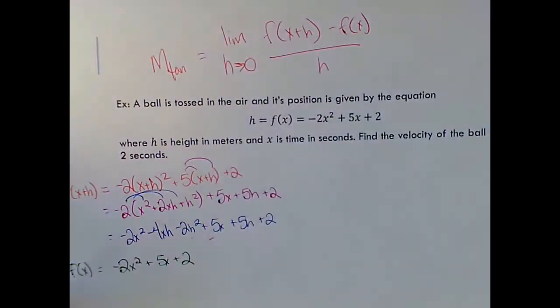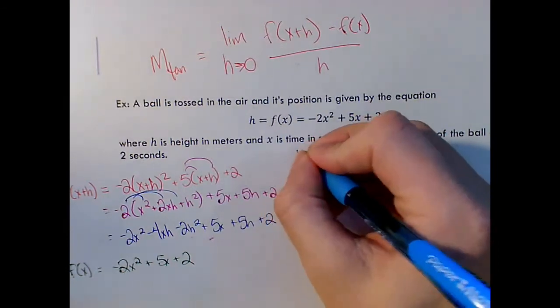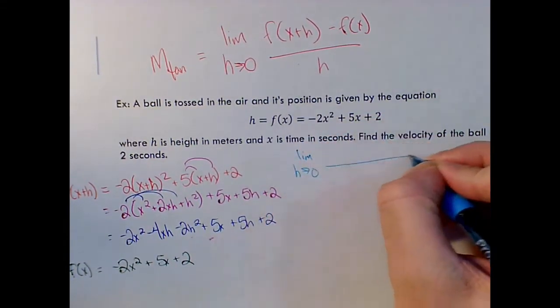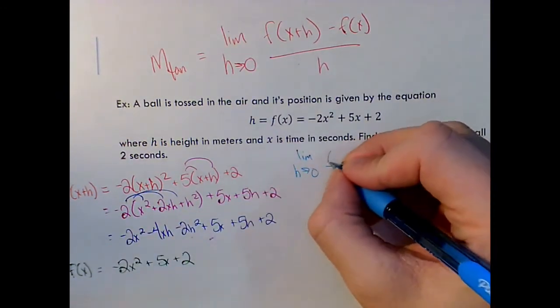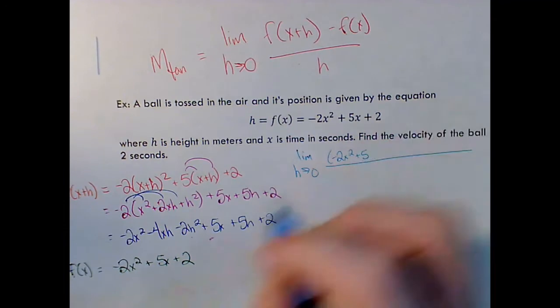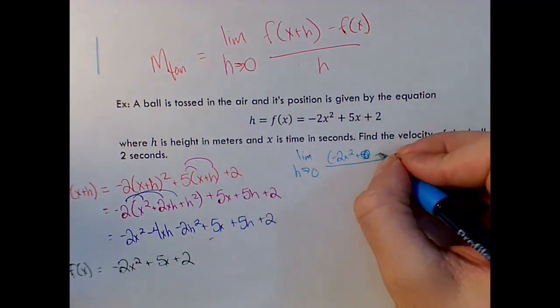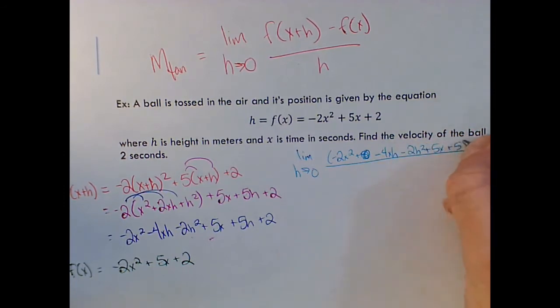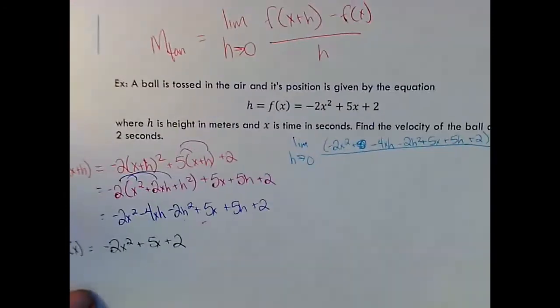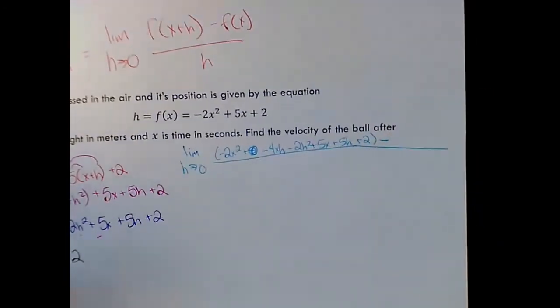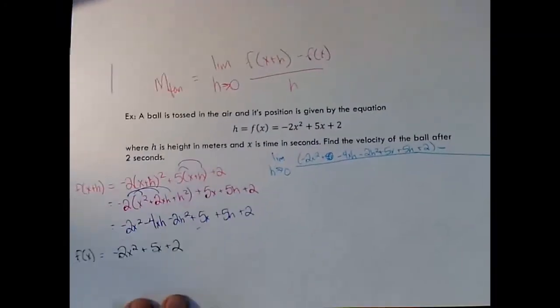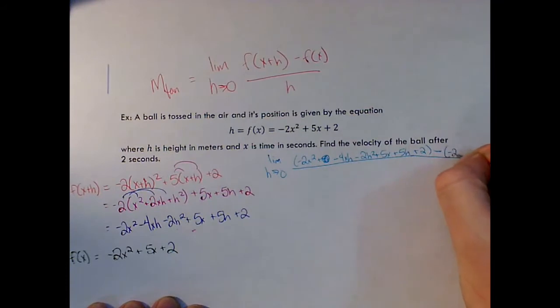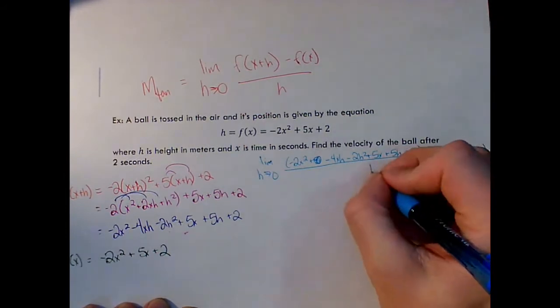So let's use that formula right there. We have the limit as h approaches 0 of f of x plus h, which is negative 2x squared minus 4xh minus 2h squared plus 5x plus 5h plus 2, minus negative 2x squared plus 5x plus 2, all over h.